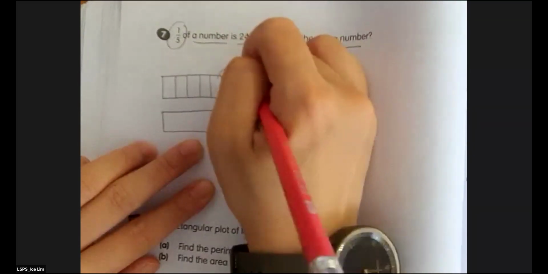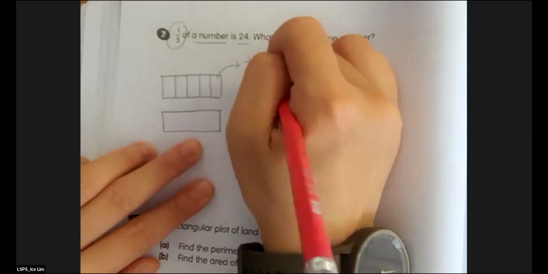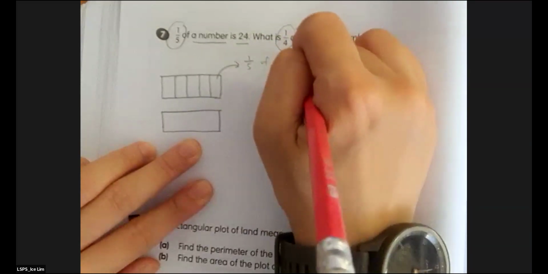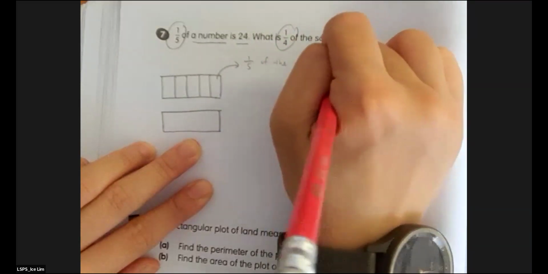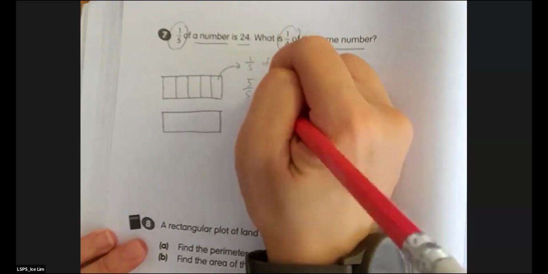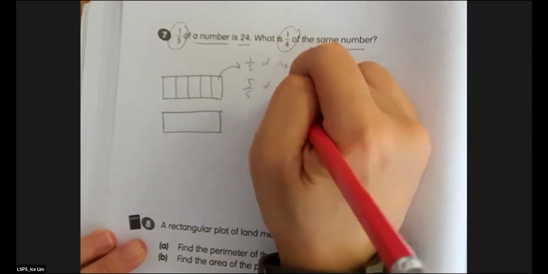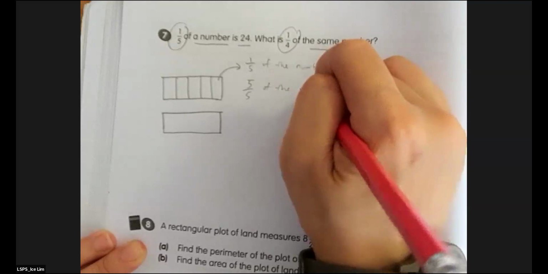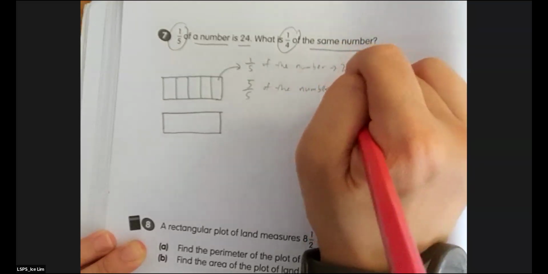So the first scenario shows 1/5 of the number is 24. That means 1 unit here is 24. So 5/5 of the number, that means 5 units. That will be 24 times 5.